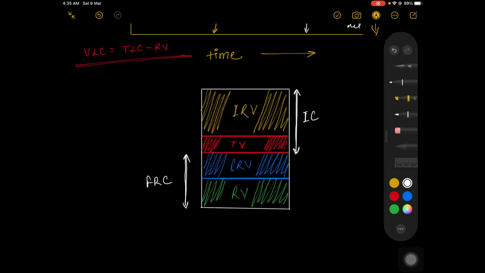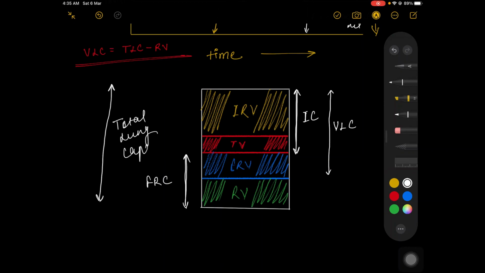If I add the inspiratory reserve volume, the tidal volume and the expiratory reserve volume, I get the vital lung capacity. And if I add up all these volumes, I get the total lung capacity. So this was a quick summary about the lung volumes and capacities.